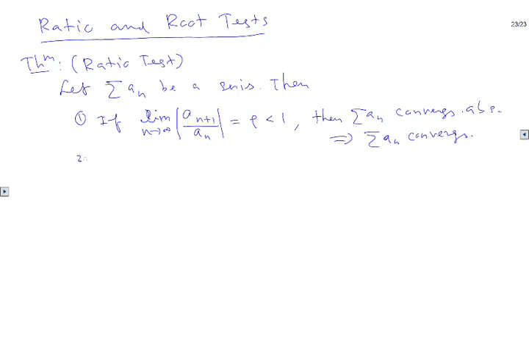The second one: if the limit as n goes to infinity is the same one, an plus 1 over an, we take the ratio of the two consecutive terms, let's say rho, and if this is larger than 1, then the series diverges.